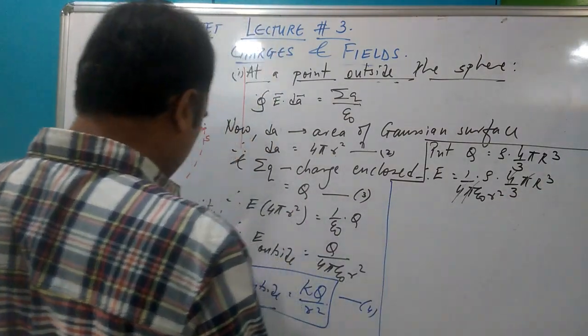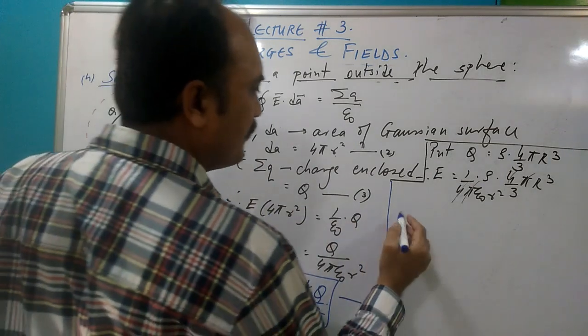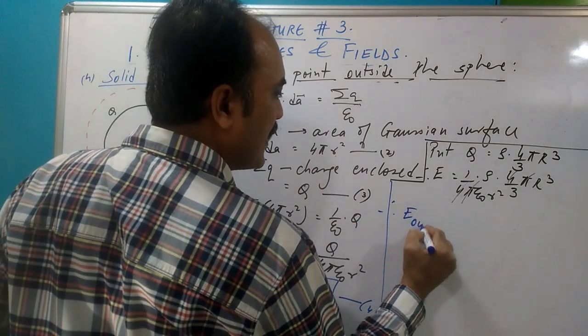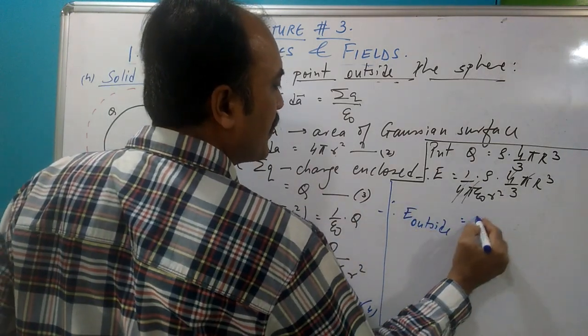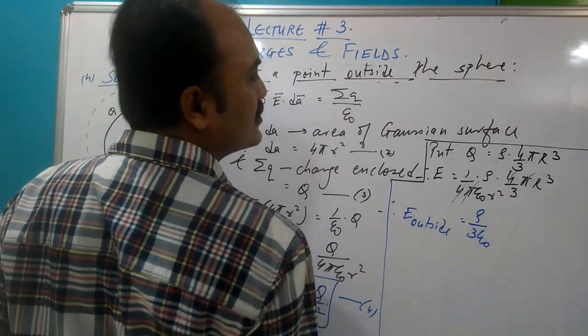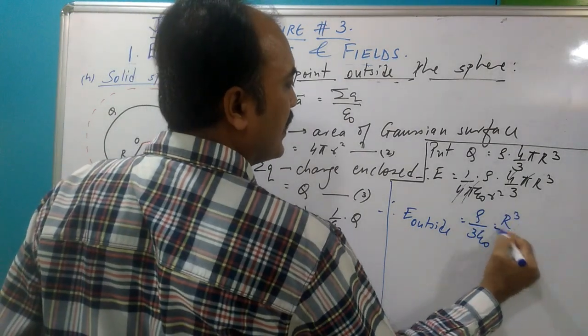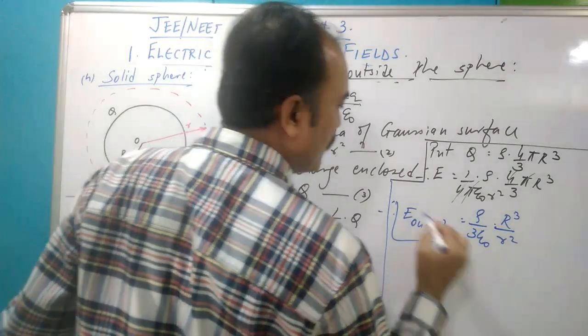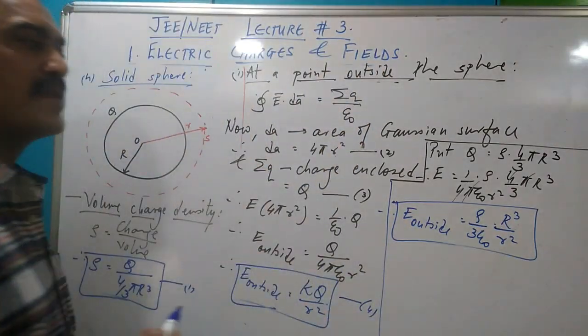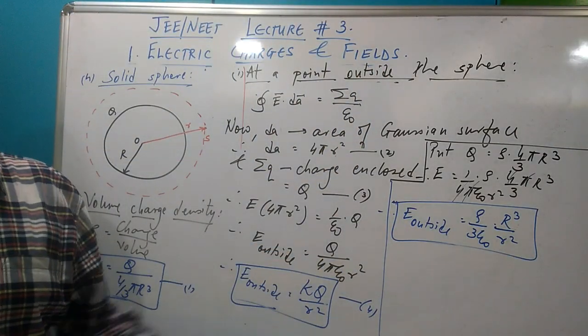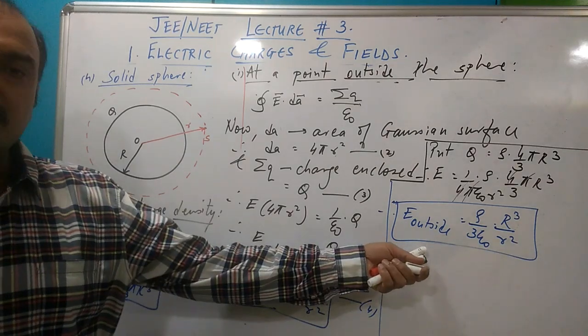So what are you left with? Final equation, people. E outside is rho by 3 epsilon 0 into big R cube by small r square. This is a lovely equation for E outside.